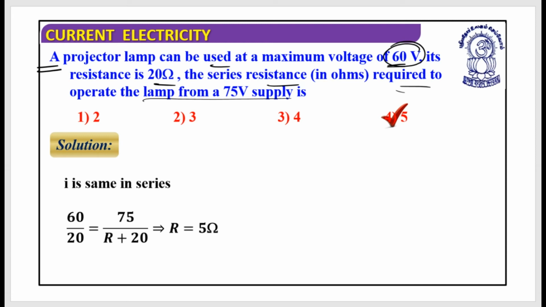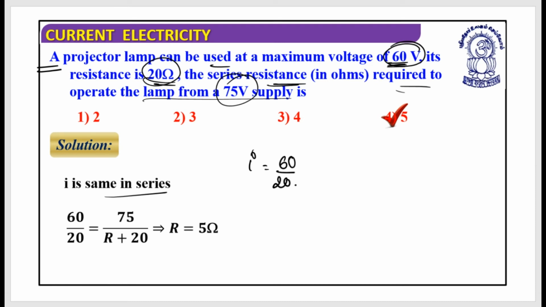So a projector lamp can be used at 60 volt and its resistance is 20 ohm. So if I find out the current through this, it's 60 by 20. Now what I am supposed to do is add a series resistance.